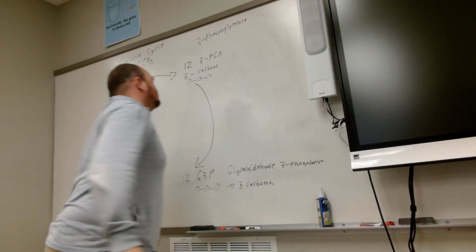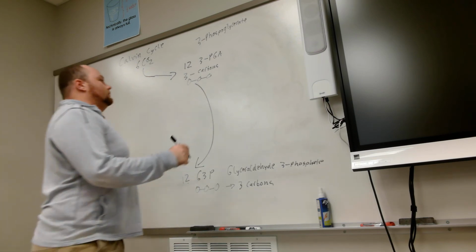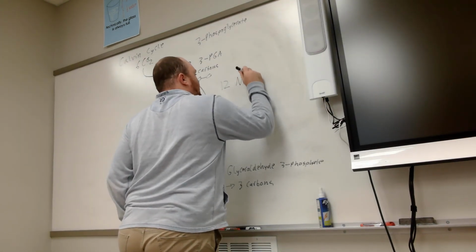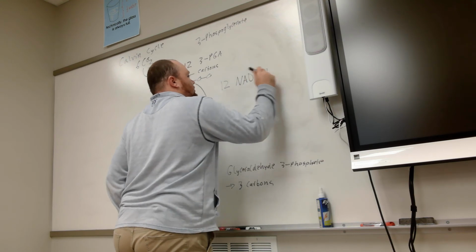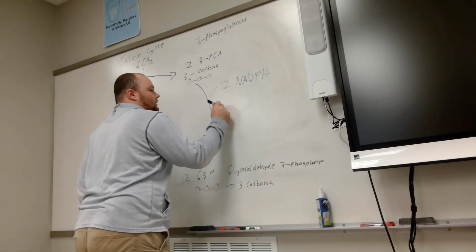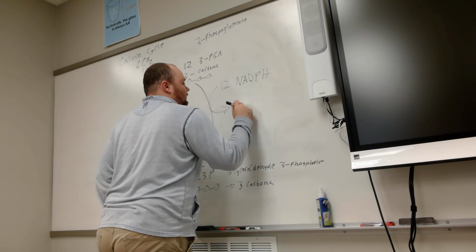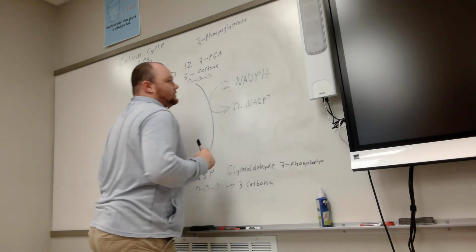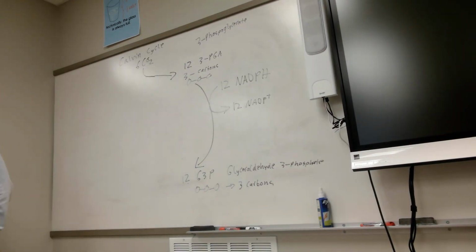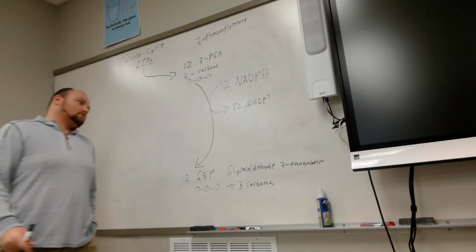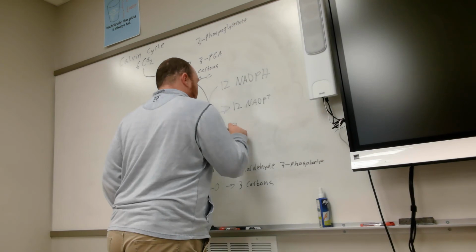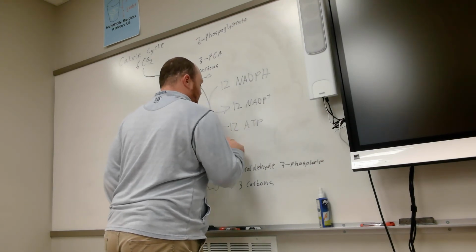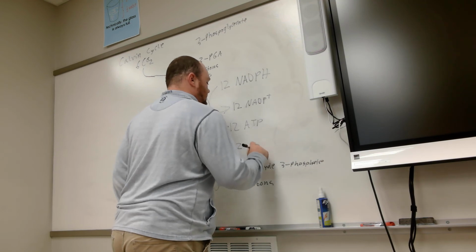Okay, however, we're going to use 12 NADPHs. Okay, and those will become 12 NADP plus. Okay, we're going to use that hydrogen. We're also going to use the energy from 12 ATP, and you'll be left with 12 ADP.